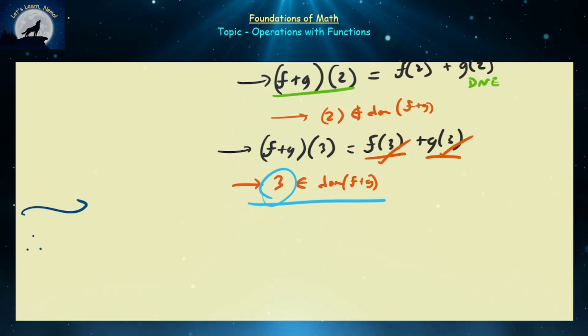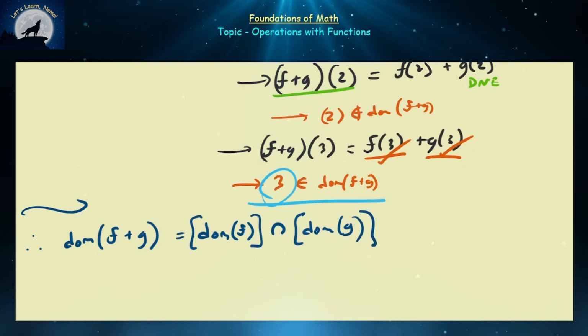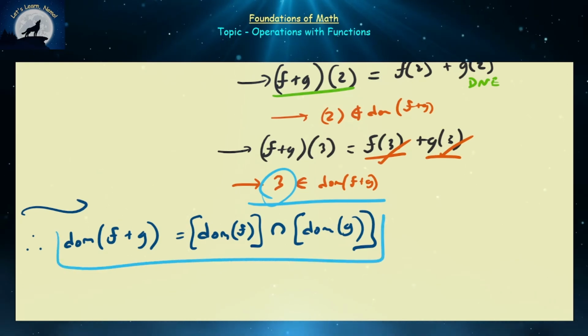So you should be able to prove to some degree that the domain of f plus g will be equal to the domain of f intersection with the domain of g. So you take these two sets, you find the intersection, and that will be equal to the domain of the sum.